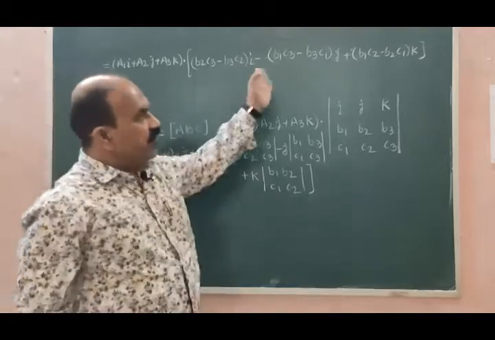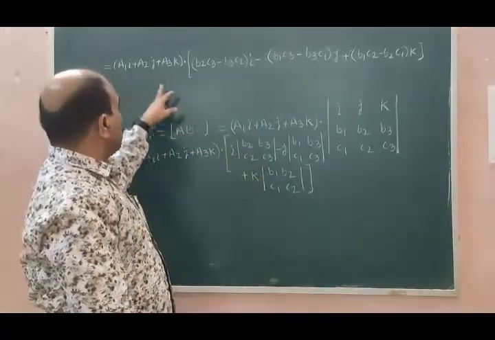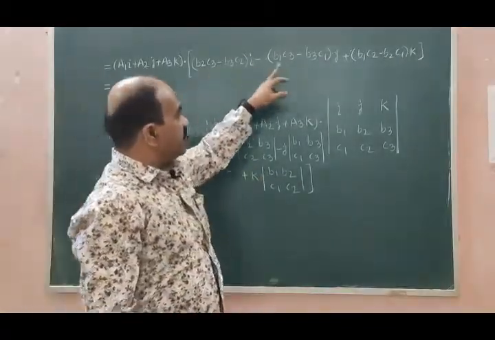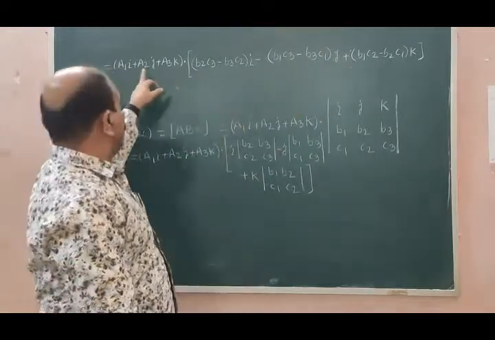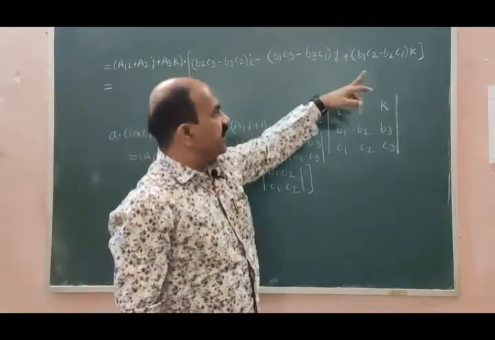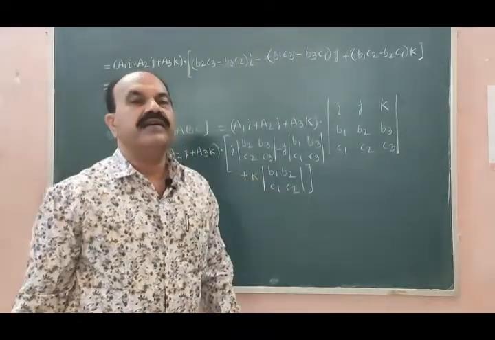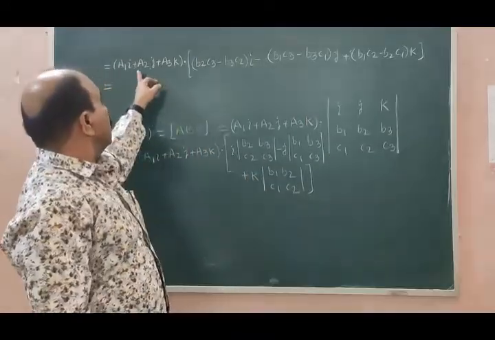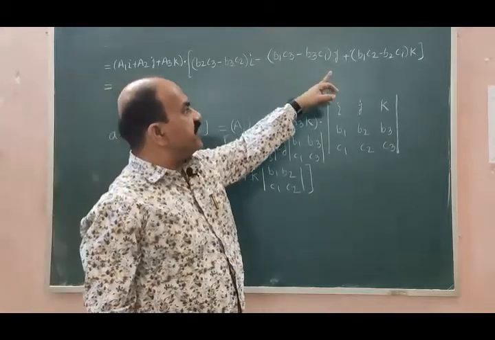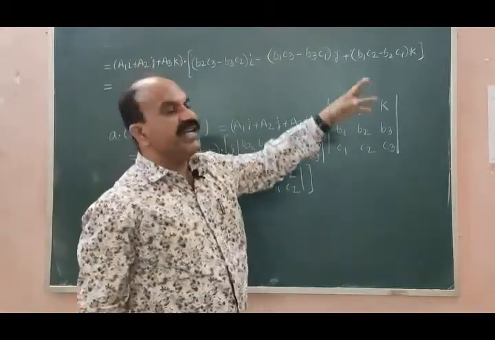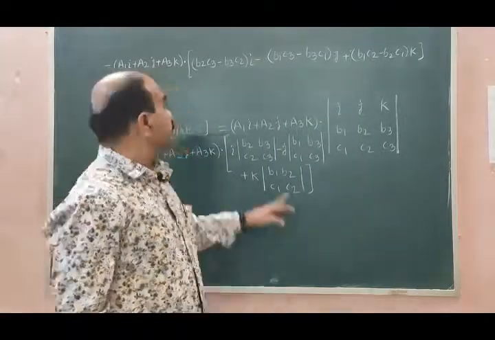There is no need to go for the vector product of this with this and this, of this with this and this. Why? Because we know I dot J is 0, I dot K is 0, J dot I is 0, J dot K is 0, K dot I is 0, K dot J is 0. No need to go for it.